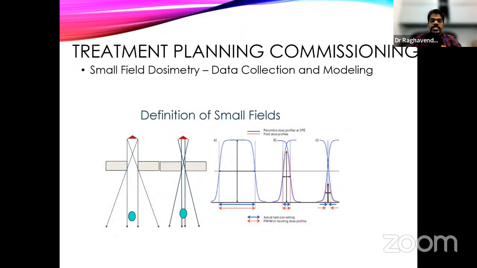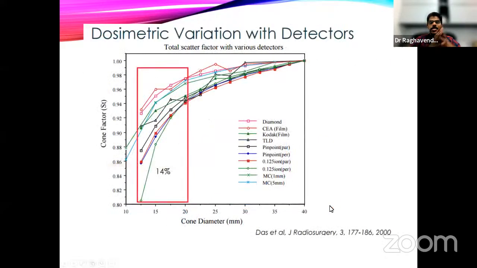At commissioning time, definitely, as I said, small field dosimetry becomes a big challenge for a physicist, because as you see here, as the chamber volume becomes bigger than the source volume, the occlusion happens and the penumbra effects are more, all those uncertainties. I don't want to get into that because, as I said, it is a separate problem. So in principle, this is what actually happens in small field dosimetry.